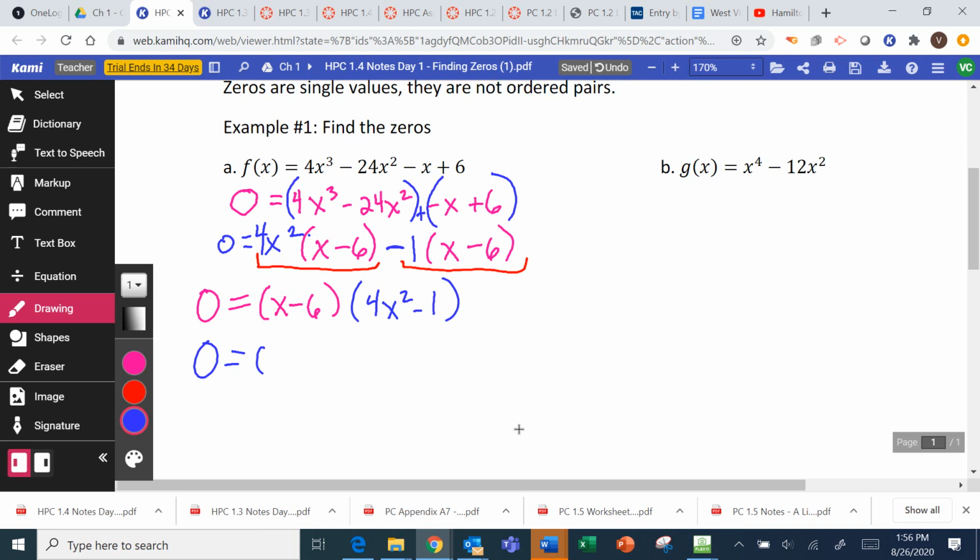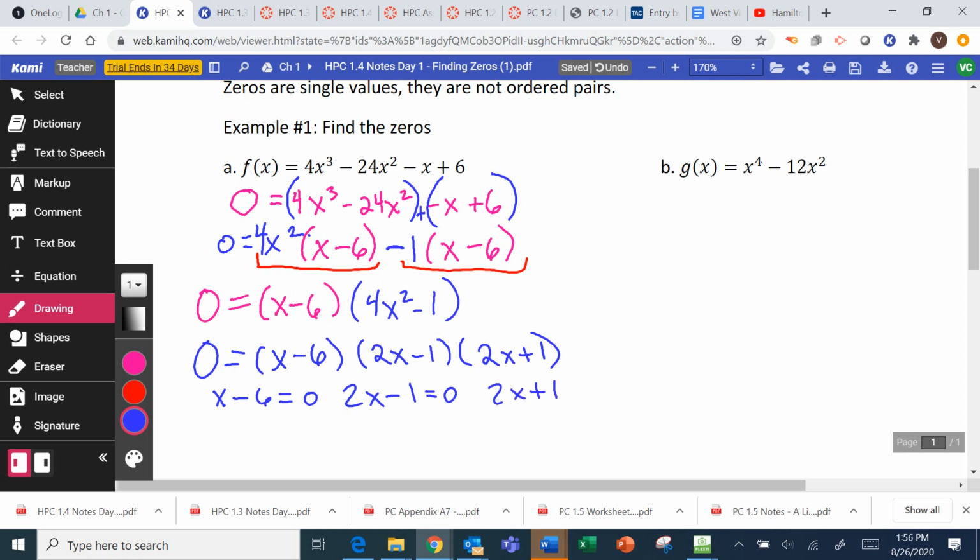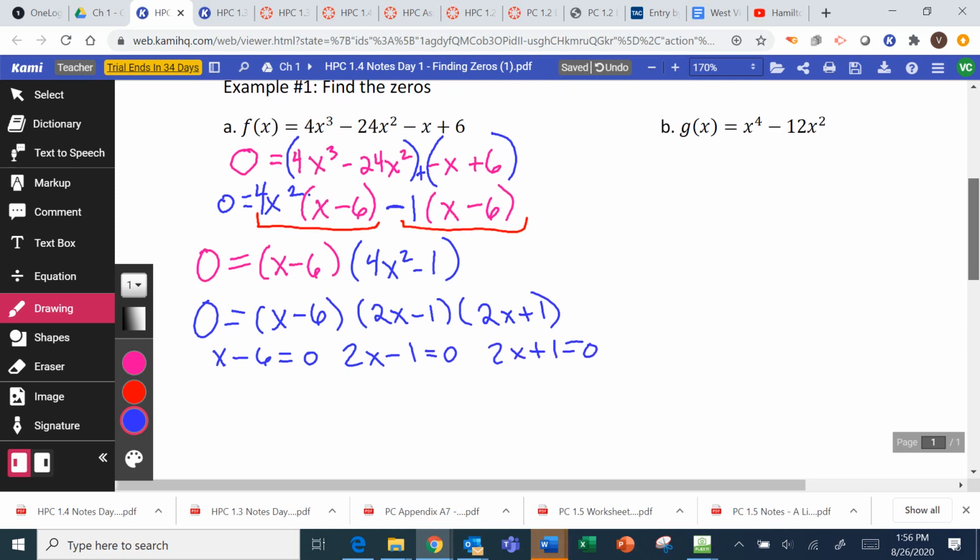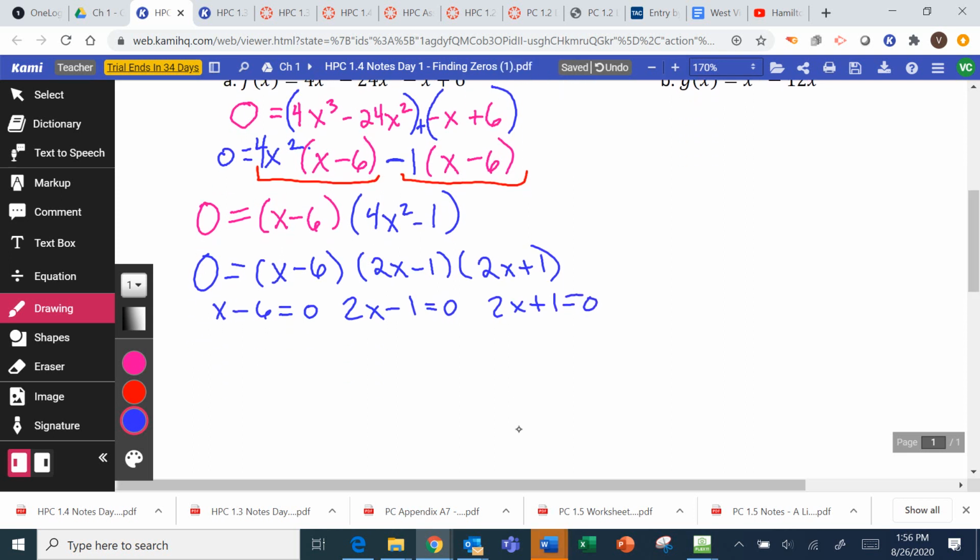So I will have x minus 6 still, and then this is a difference of squares, so 2x minus 1 and 2x plus 1. Once you have it all factored, we set each factor equal to 0, and we solve for each separate x.